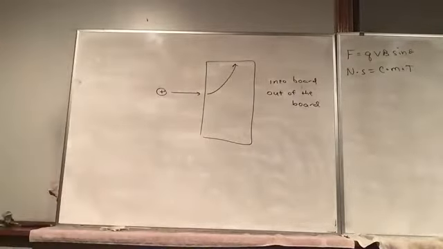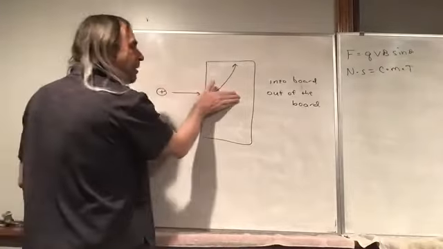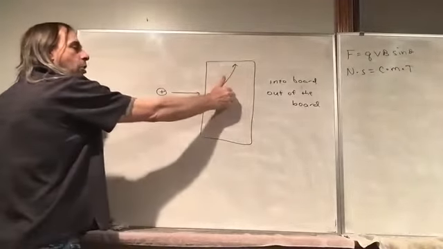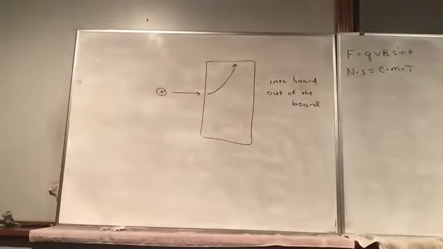Again, let's just guess it's into the board. If you put your fingers in the direction of the velocity, curl into the board, thumb points upwards. So that would be an upward force because it's a positive charge. And again, that's a perfectly valid way to do it. Just guess into the board. If that doesn't work, then it's got to be out of the board.